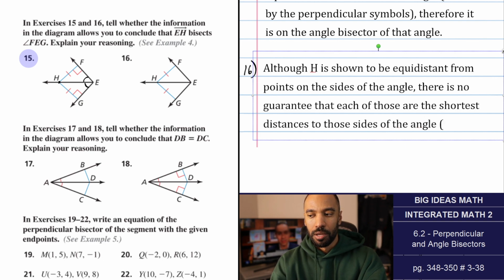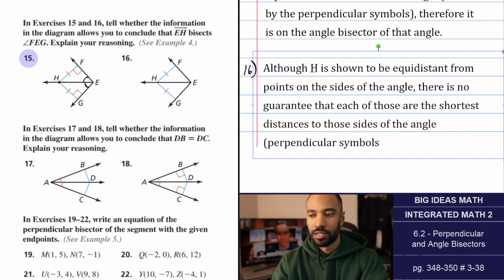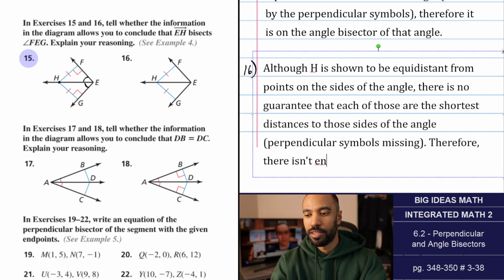The angle. Perpendicular symbols missing. Therefore, there isn't enough information to conclude H is on the angle bisector.